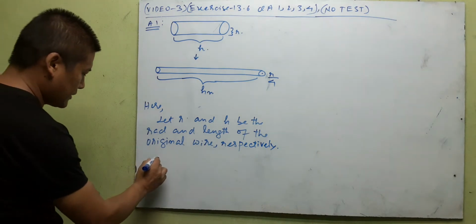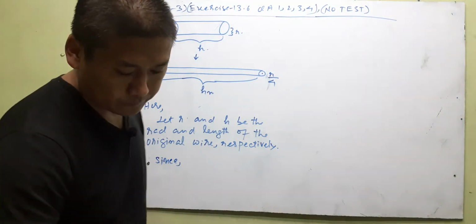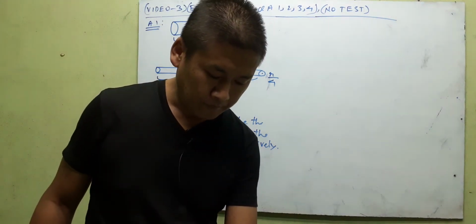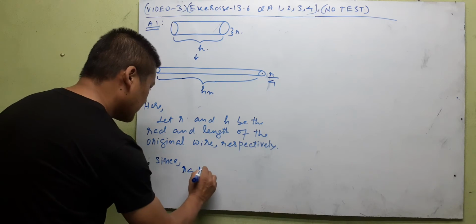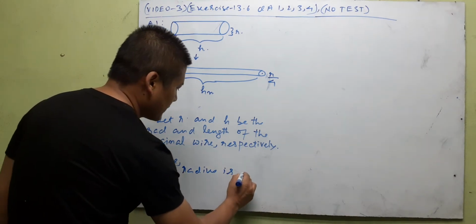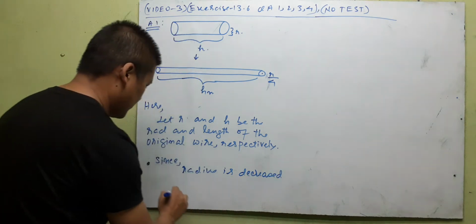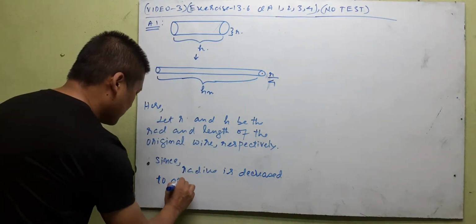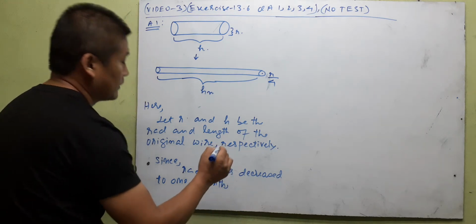Now since the question is saying radius is decreased, we'll just write in short, radius is decreased to 1/4. We can see that in the question. So what does this mean?